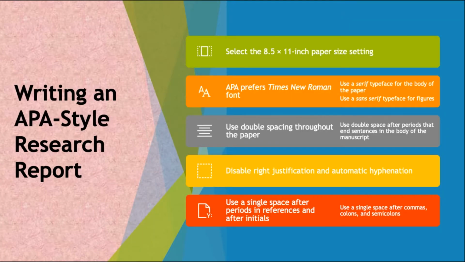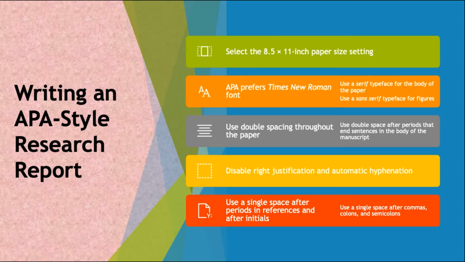So we start, the first one is writing an APA style research report. Mostly we use APA research reports, and also most all major journals that publish articles use the APA style. Based on the APA style, you select 8.5 by 11-inch paper.